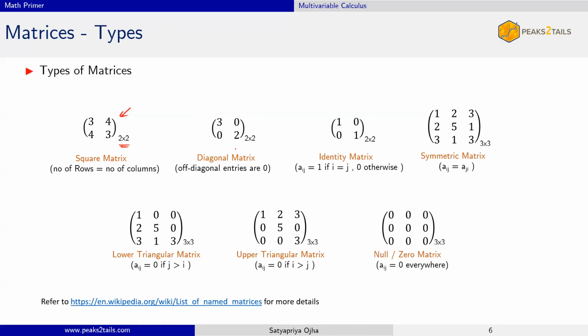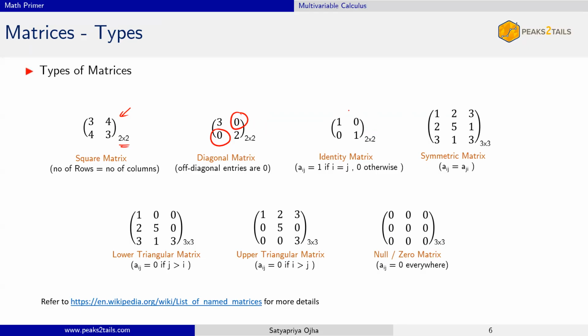On the main diagonal, there could be a few zeros also. That's not a problem. The requirement is that if it's a diagonal matrix, all the off diagonal elements would be 0.